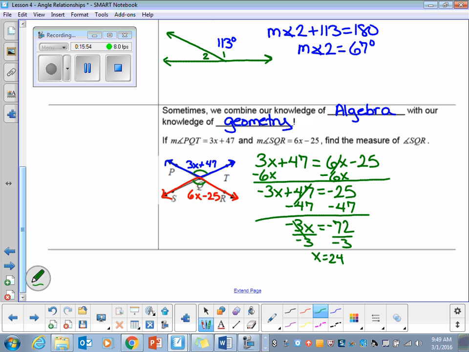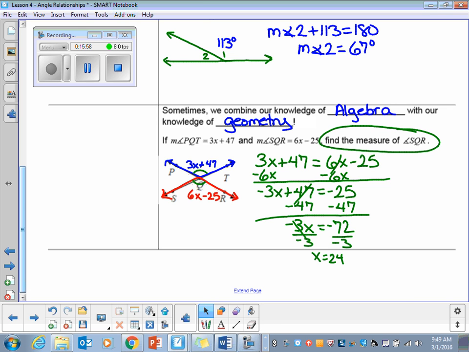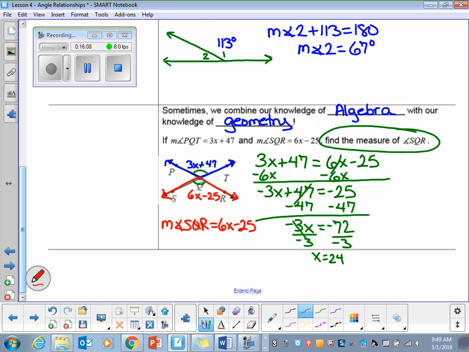That is not what we're asked for. Find the measure of SQR. So SQR is 6x minus 25, which is 6 times 24 minus 25.